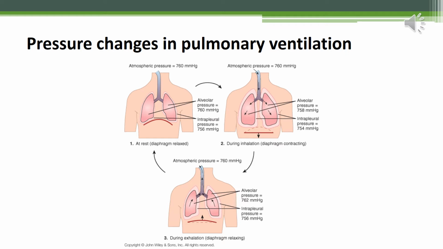This is enough to let the air move into the lungs as it goes from higher pressure to lower pressure. Then when the diaphragm begins to relax, the alveolar pressure increases to 762 millimeters of mercury, and this causes the air to move out of the lungs as it goes from 762 millimeters of mercury to a pressure of 760 millimeters of mercury.